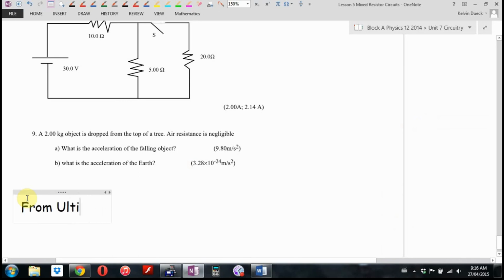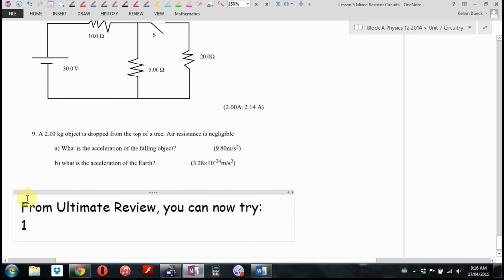From Ultimate Review, you can now try 1, 2. Can you cross out number 3?